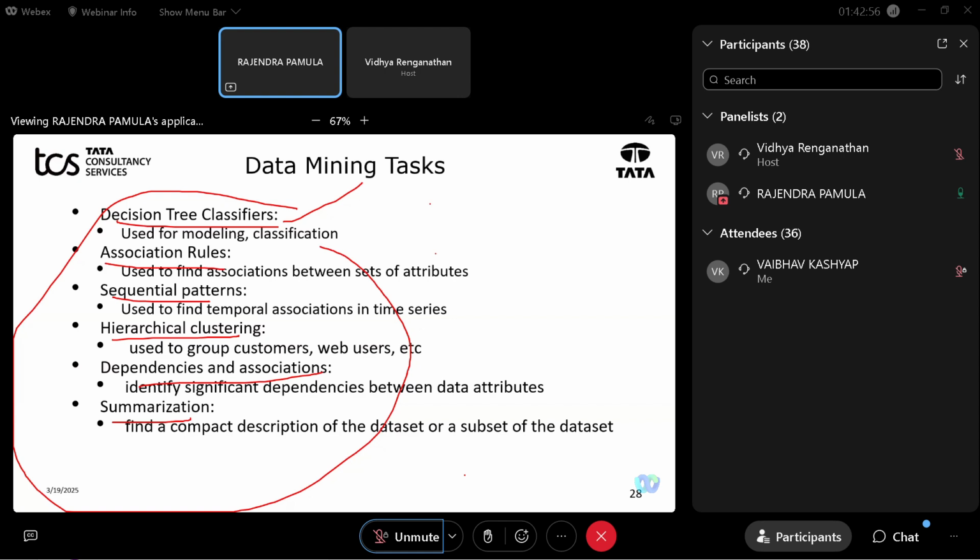That means the data is not properly represented or presented. So for that we need to do data pre-processing. For this data pre-processing, we'll see in the next class what the different techniques available are and in what way we can do the pre-processing. The main purpose is to clean the data. What we are going to do, we'll see in the next class. Any doubts, you let me know.